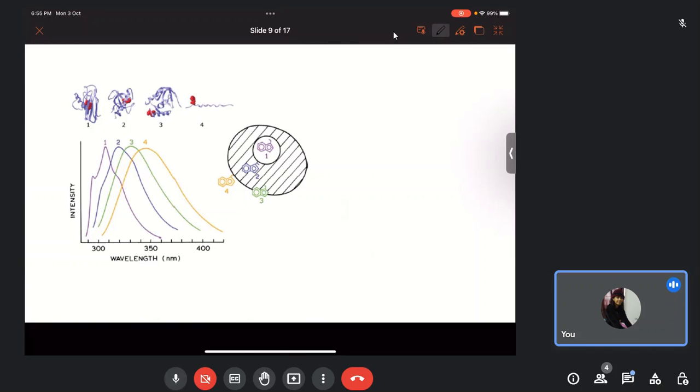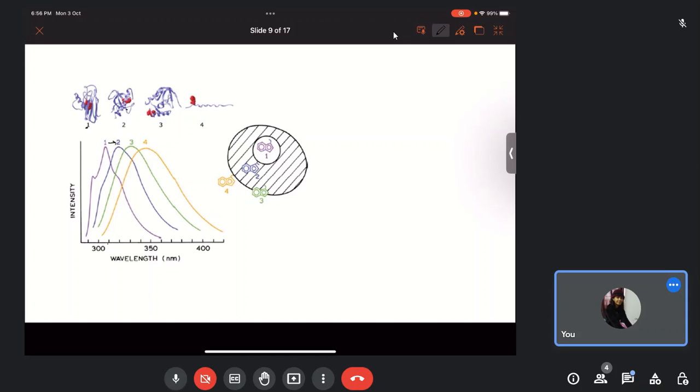So here, this is just a representative figure of how the peak maxima changes depending upon the environment of tryptophan inside the protein. The one in the indigo color is for the protein which is very much in a hydrophobic core, and it has an emission maxima at around 310 nanometer, and you can see that the emission maximum is shifting to 320 nanometer when you have a slightly exposed tryptophan.